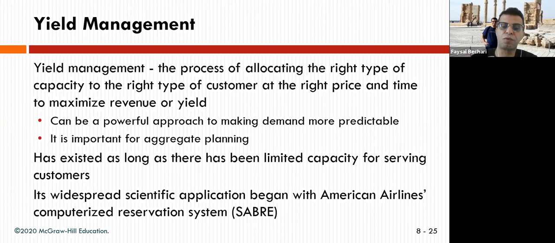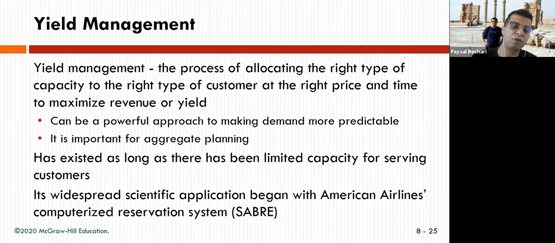It can be a very powerful approach to making the demand more predictable. If you can predict all these, it's very powerful, and you can survive with a minimum profit. It's also important for aggregate planning to do it this way, and it has existed because there has been limited capacity for serving customers.